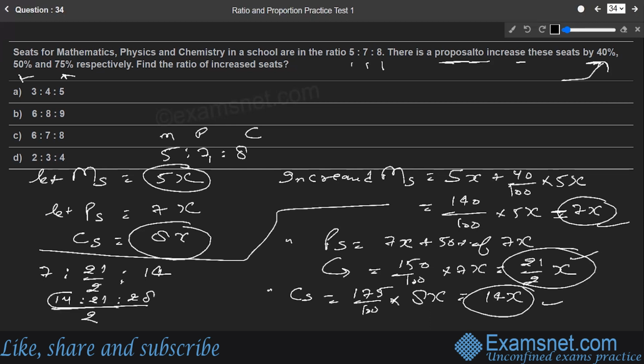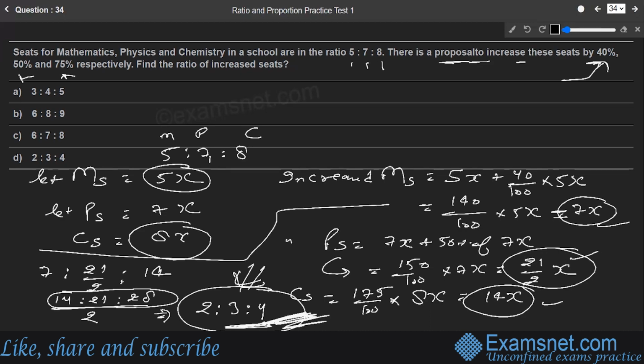All of these numbers, 14, 21, and 28, can be divided by 7. If we divide each number by 7, the ultimate ratio becomes 2, 3, and 4. So this is the ultimate answer with us: 2 is to 3 is to 4, which is available in option number D, and it becomes the right answer for us.